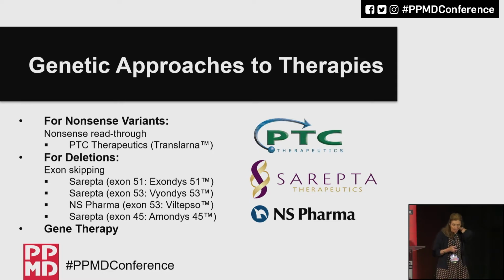And again, we, as the genetic counselors here, are happy to review your son's report and let you know if your child would be amenable to any of these therapies. And then, of course, for gene therapy, we're going to have a lot of talks on gene therapy. But right now, some of those trials are having to exclude certain genetic variants from the trials. So you'll be hearing a lot more about that.